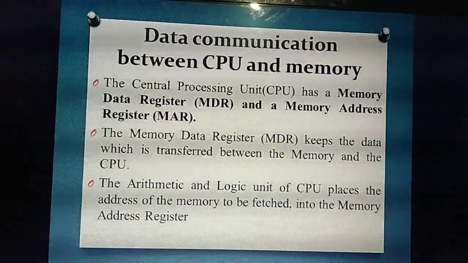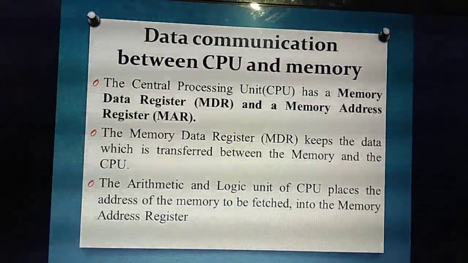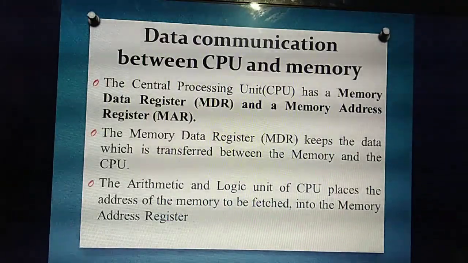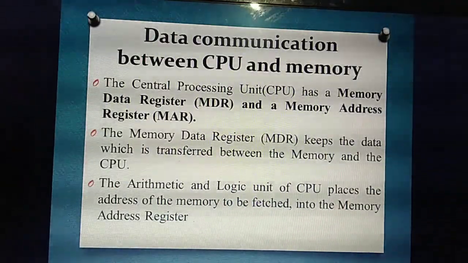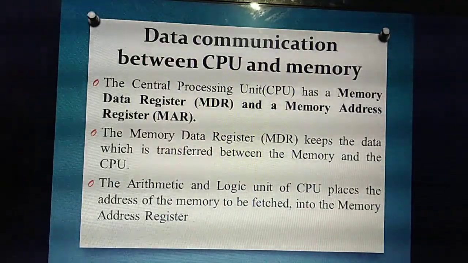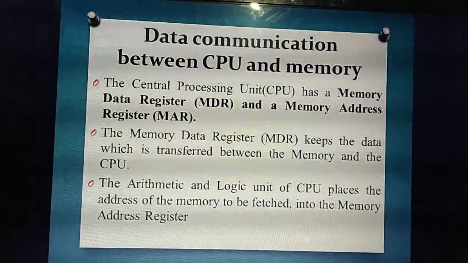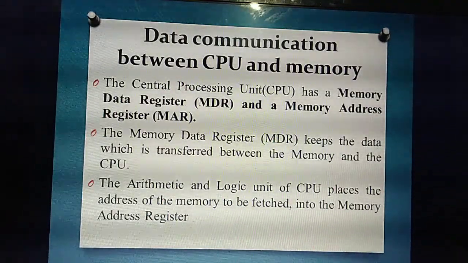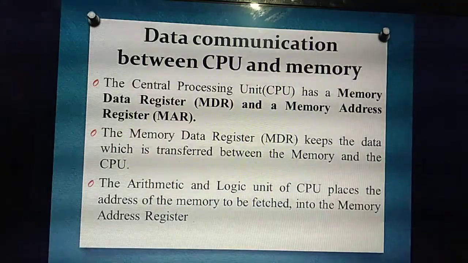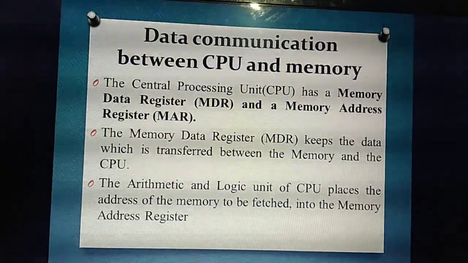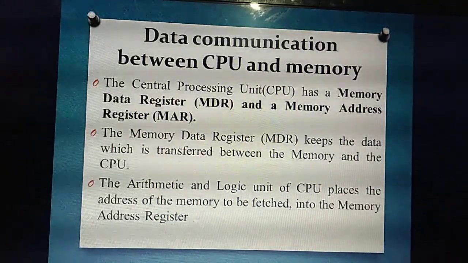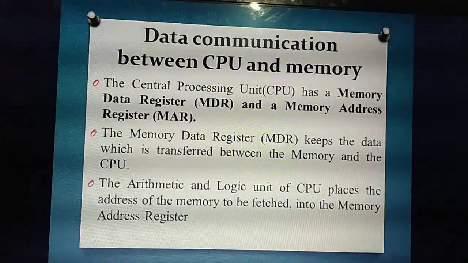So in this slide you have studied two important things. What are they? The CPU has two important registers: memory data register and memory address register. What's the use of MDR? It will contain the data transfer information transferred between the memory and the CPU. What's the use of the memory address register?